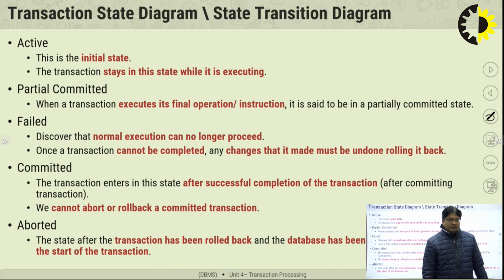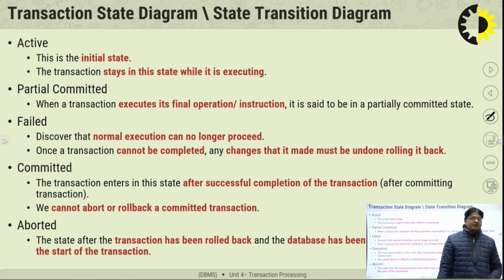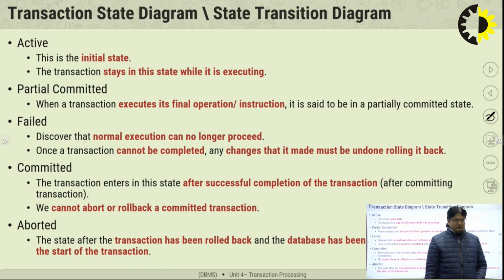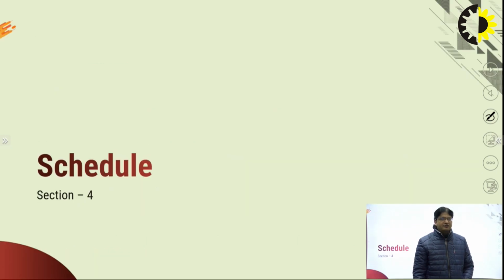Most of the time the transition is in active state. Some of the time is devoted to the partially committed state or failed state. So, a significant amount of time must be devoted to the active state.